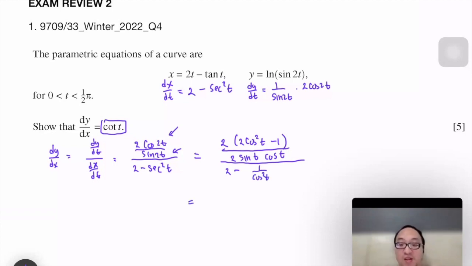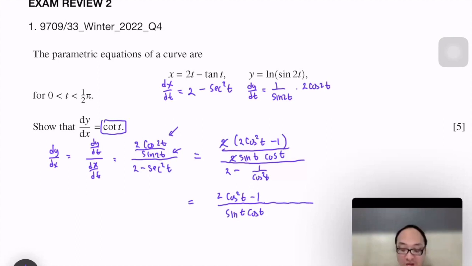Okay, we try to simplify. We can simplify the 2 and 2, we cross them out. Let's rewrite first: 2 cos square t minus 1 over sin t cos t.